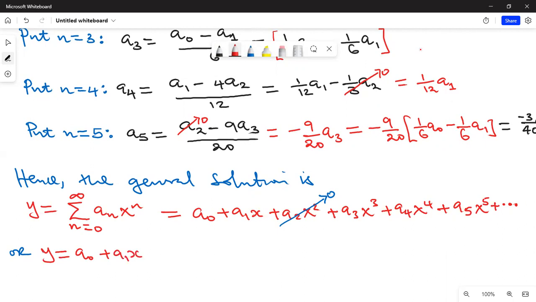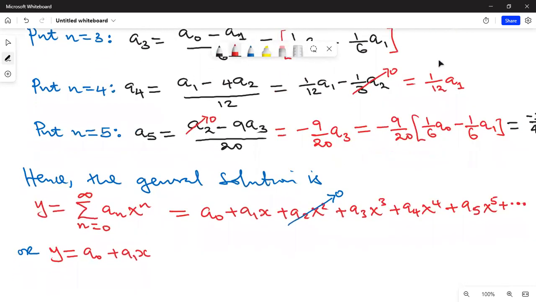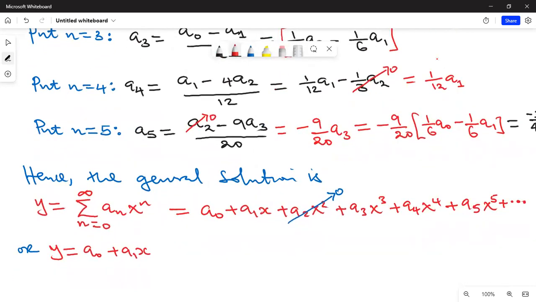But we know a3 in terms of a1 and a0. That will be 1 over 6 a0 minus 1 over 6 a1. So you write here plus 1 over 6 a0 minus 1 over 6 a1, this is times x cubed.